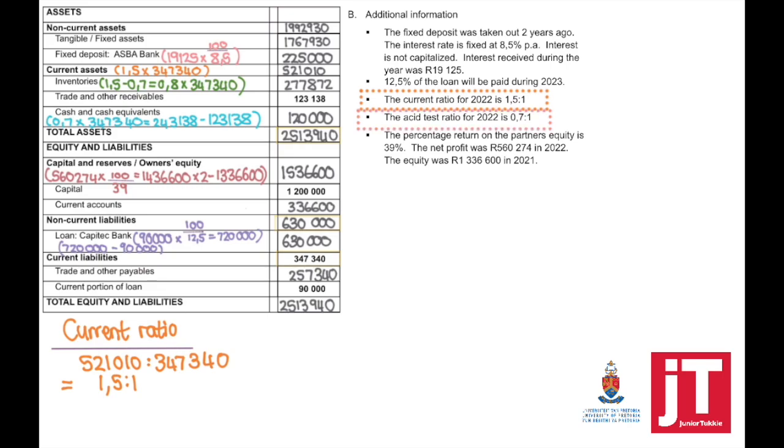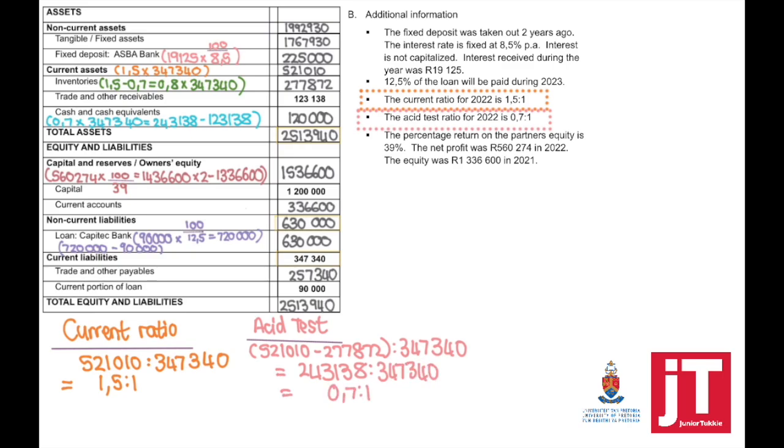If we're looking at the acid test ratio, to get the acid test ratio, we've got two options. We can take current assets minus inventories, or you can take trade and other receivables plus your cash and cash equivalents, and that must be divided by the current liabilities. So if we take the current assets minus inventories divided by the current liabilities, it gives 0,7 to 1.